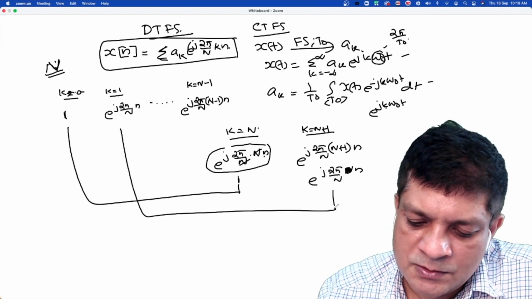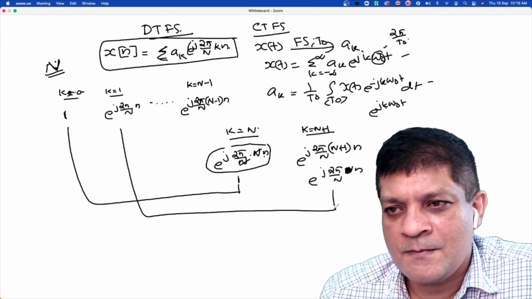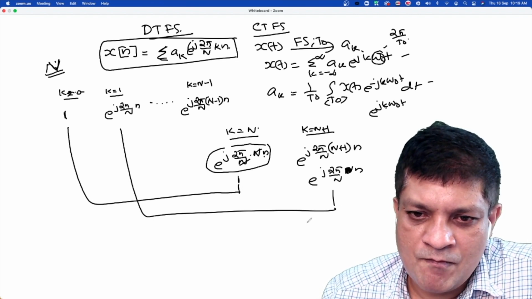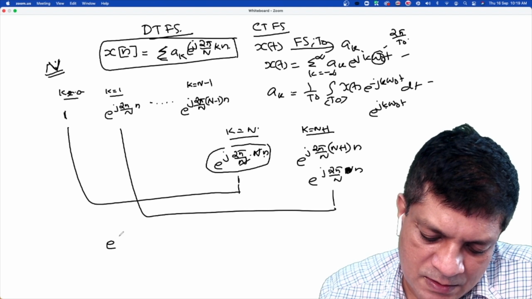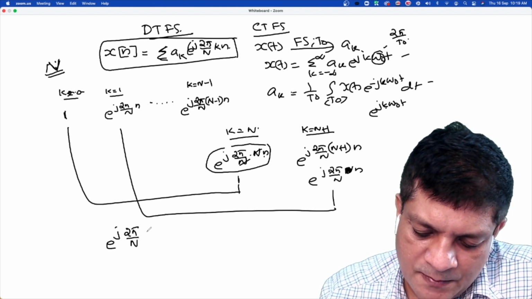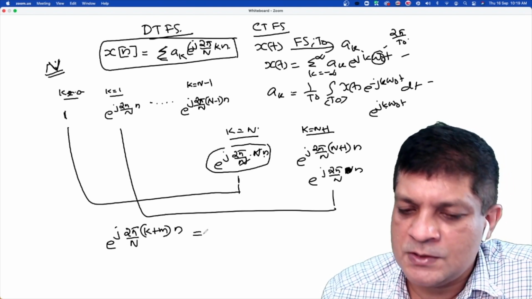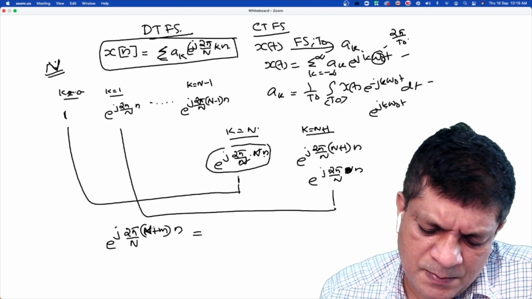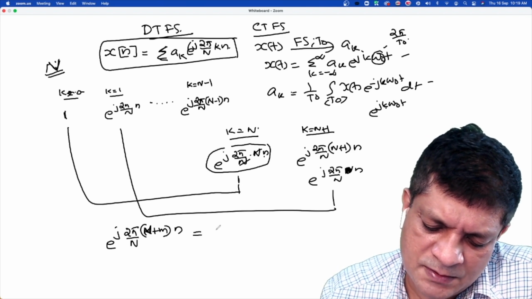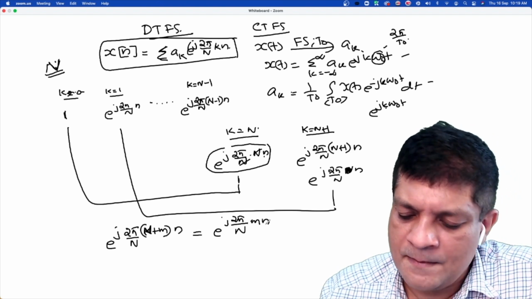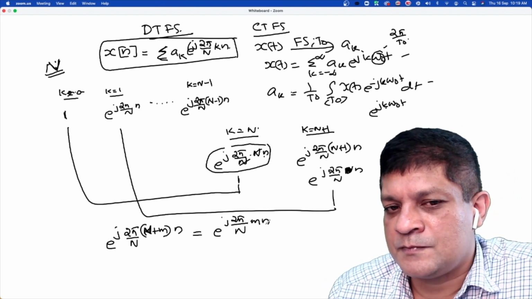These are the same. So is there any periodicity in these complex exponentials? Can we say that it repeats? e to the power j 2 pi by N into (k plus N) n, sorry, it is k plus N. Is it the same as e to the power j 2 pi by N into k n?